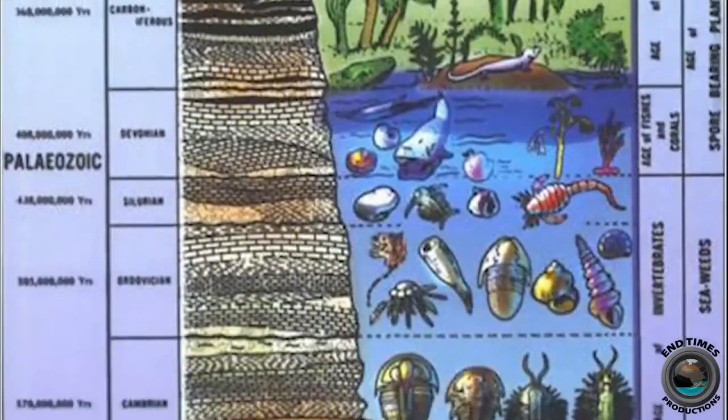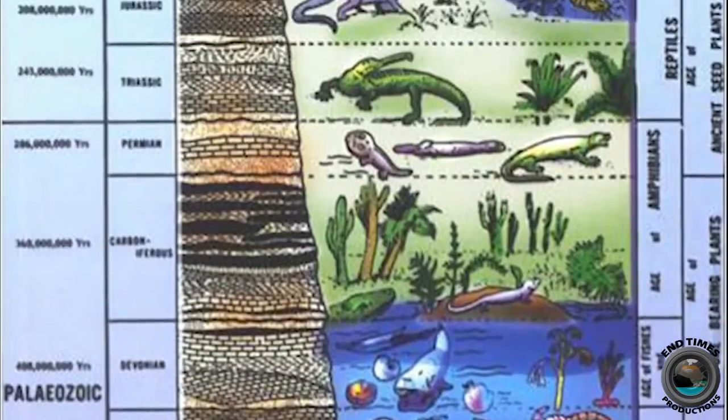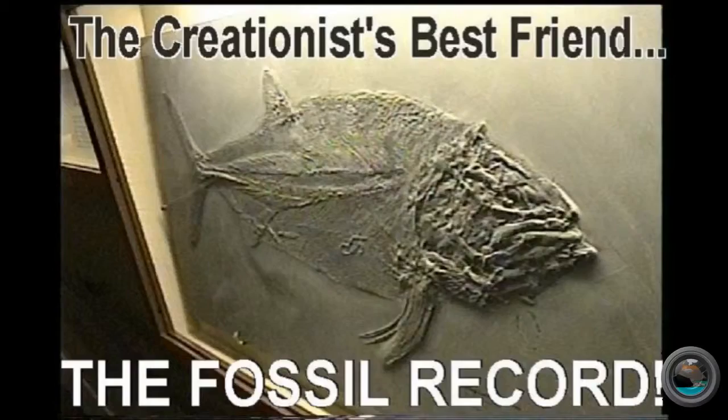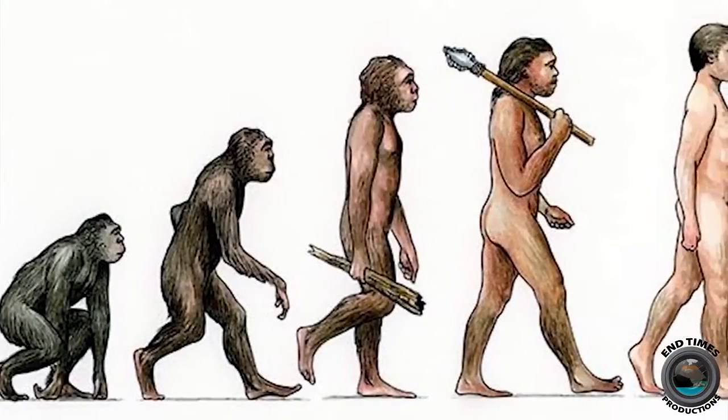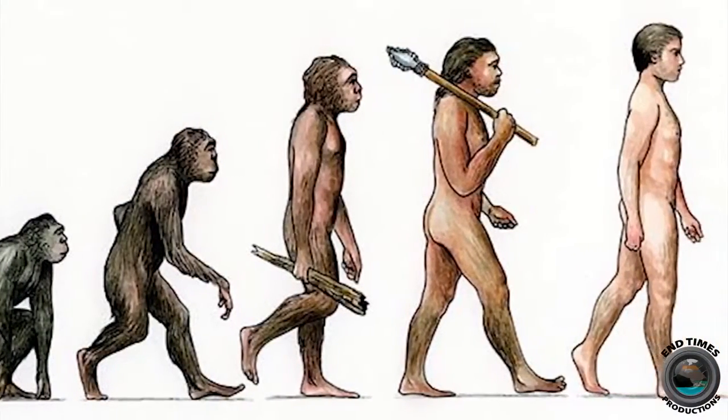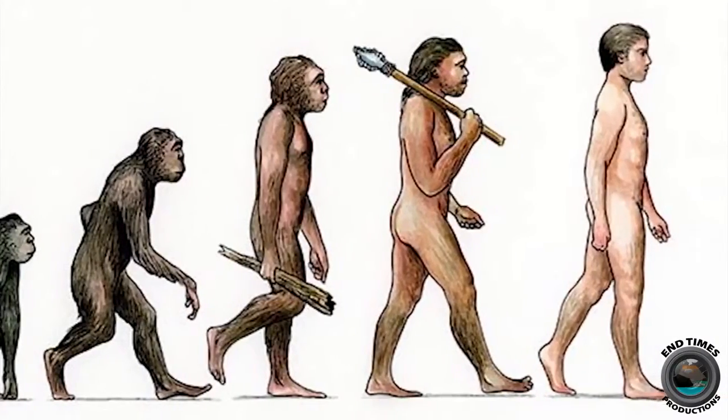Now at this point, many of you are probably asking yourselves, what about the fossil record? I'm sure that you have all heard at one point or another during your life that man evolved from ape.